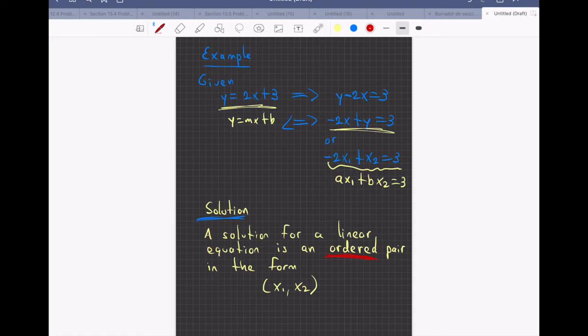So an ordered pair of numbers is a solution if, when we substitute into the equation, we obtain a true statement.